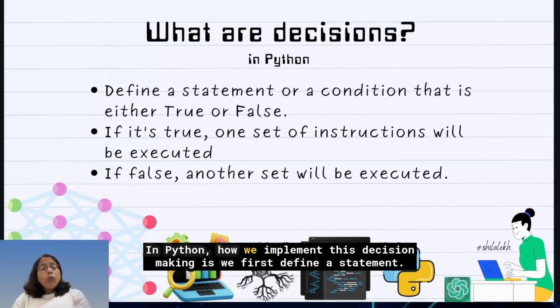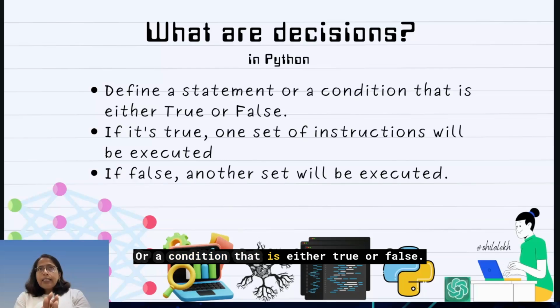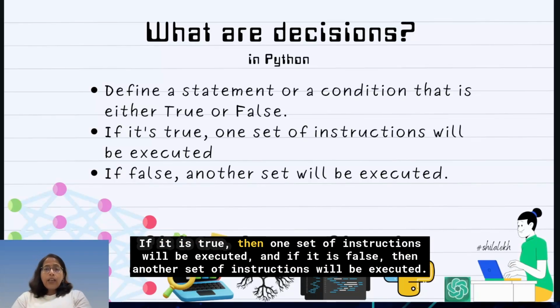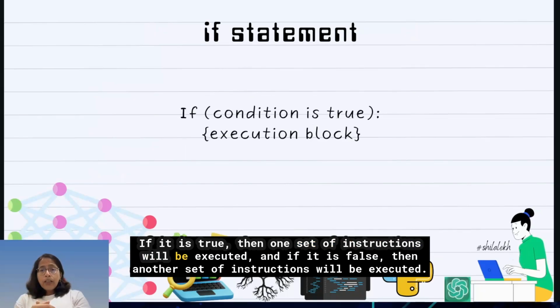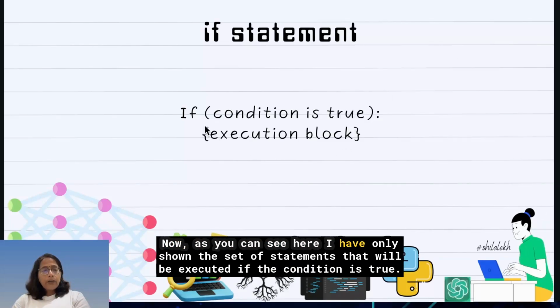In Python, how we implement this decision making is we first define a statement or a condition that is either true or false. If it is true, then one set of instructions will be executed, and if it is false, then another set of instructions will be executed. Now, as you can see here, I have only shown the set of statements that will be executed if the condition is true.